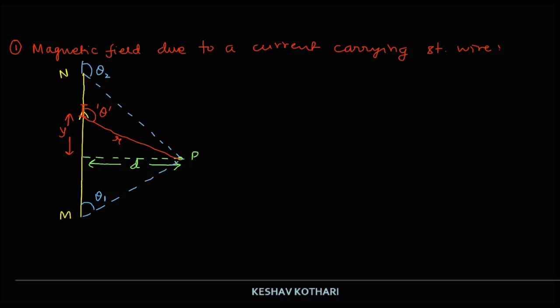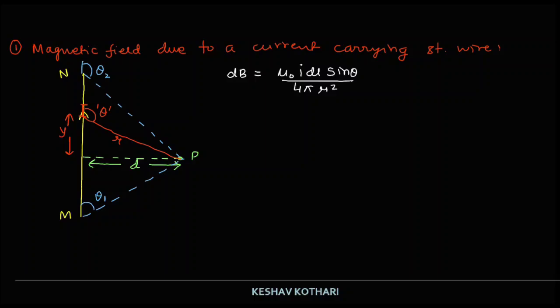If we apply the Biot-Savart law for this small current element, we can write dB is equal to mu naught IDL sin theta upon 4 pi r square.